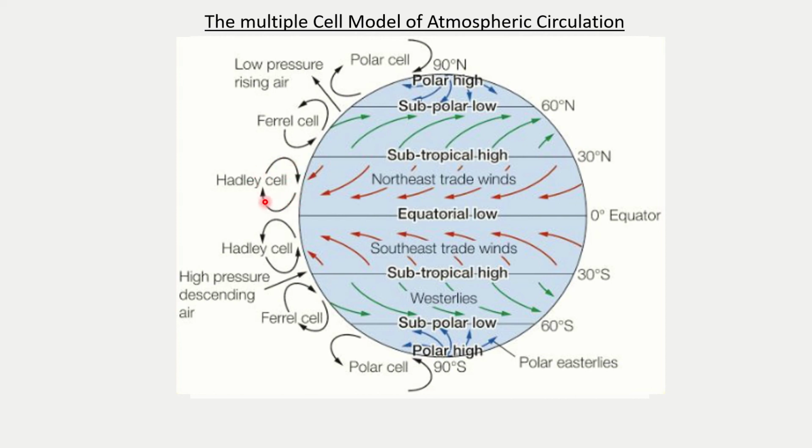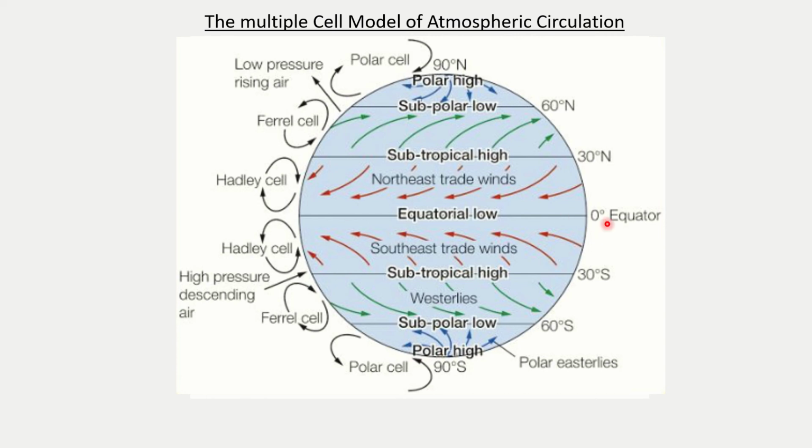So the Hadley cell air rises up, spreads north, gets cold, sinks and falls, and then returns over the Earth's surface. And that's what these arrows are representing, because remember, the Hadley cell wraps itself all the way around the world between 0 and 30 degrees. And so wherever it's contacting the Earth's surface, it creates these surface winds. Why are they curved and why are they at the angle they're at? We'll get to that.